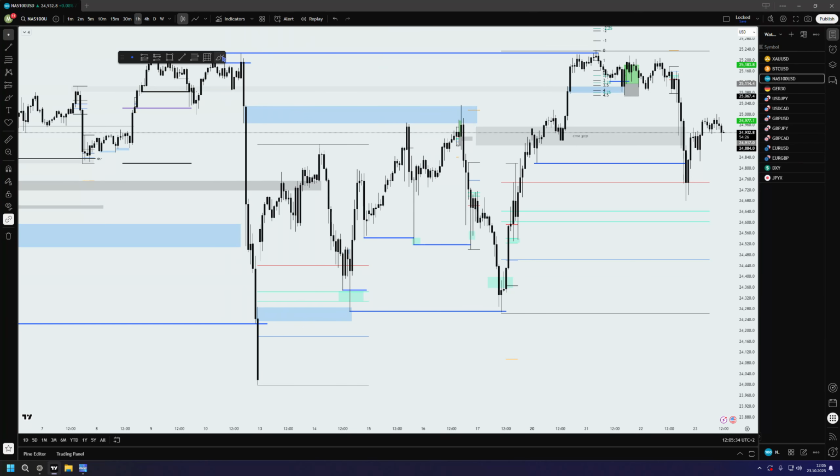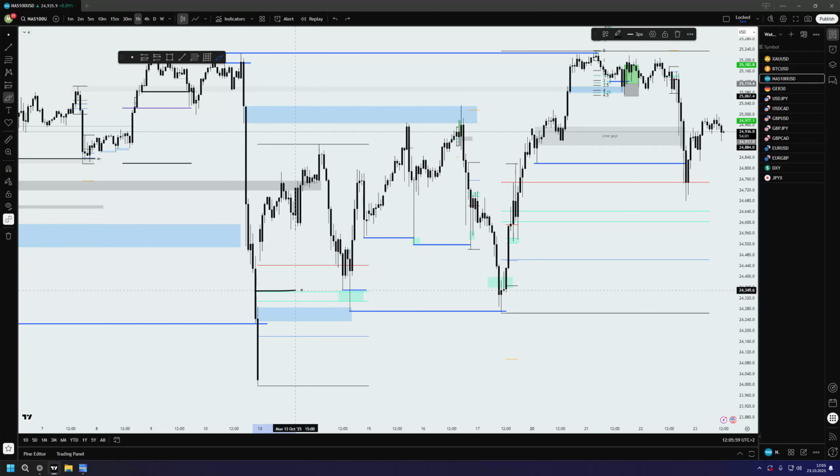As you can see from this point, we're in discount. I've already talked about premium discount 2 or 3 times, but I will talk about it again. Under the 50% discount, from here we can look for buys.